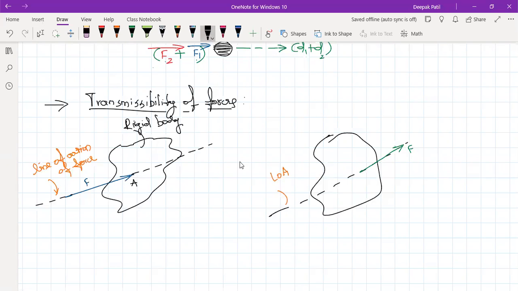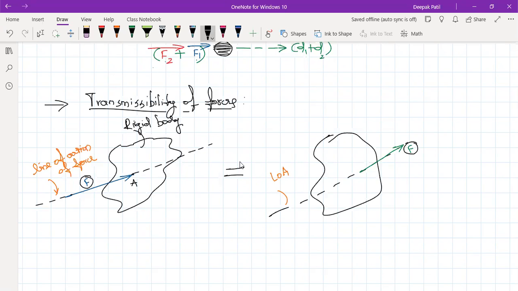Now in this case, I can say that this system and this system are equal to each other. Do you agree with this? Students, are you agreeing with this? Yes, sir. And I also need to tell you that this force F and this force F are equal, but the point of application of the force is different.